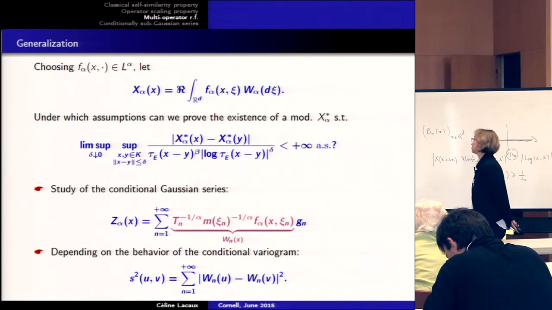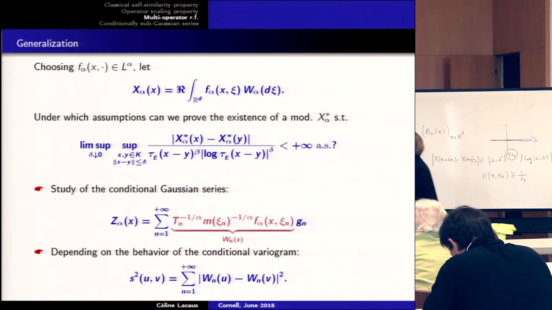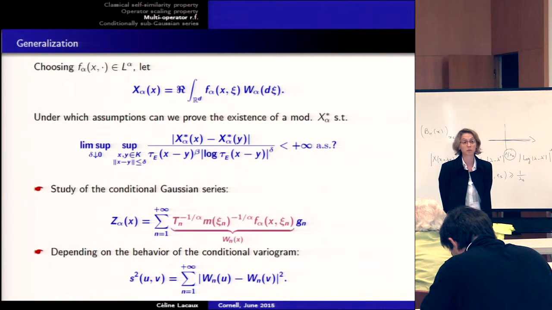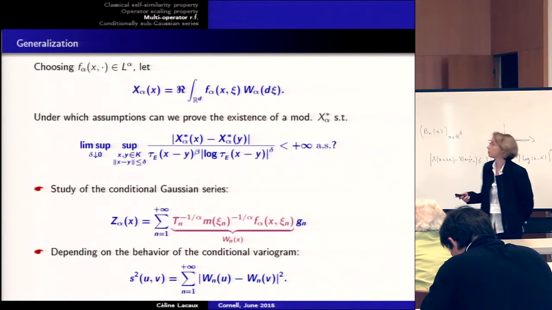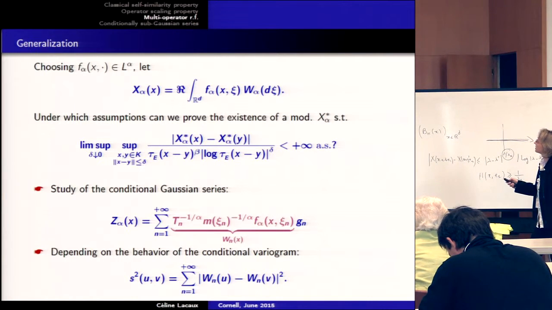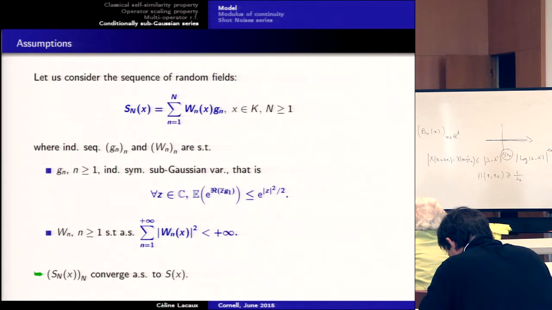In fact, in our work, we do not need to know the exact form of Wn, and for this form, there are some simple criteria to check our property. So I won't speak really about this. I will directly speak about conditionally sub-Gaussian random series.